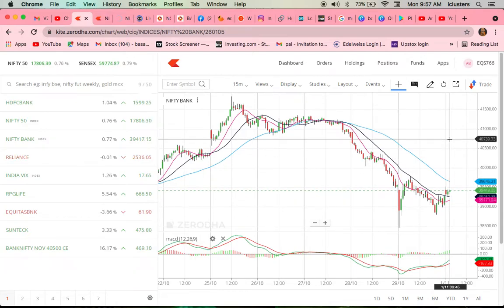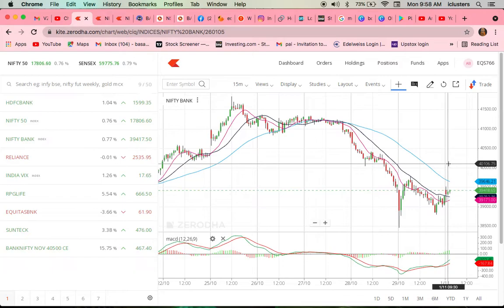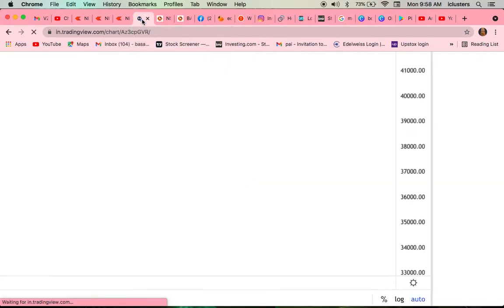I already discussed with you that it will easily reach the first target, and after consolidating it will definitely reach the second target. Let us see what happened to both of these charts.